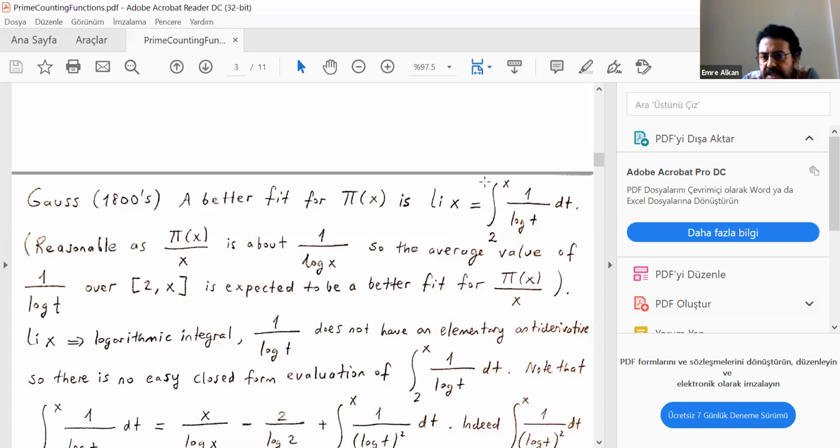So you can ask if this function lies in a function field generated by some elementary functions. And then you can make a theory. If one looks at this integral, one calls such things transcendental. So it's in some ways a transcendental function.